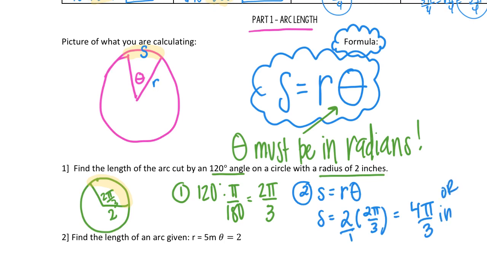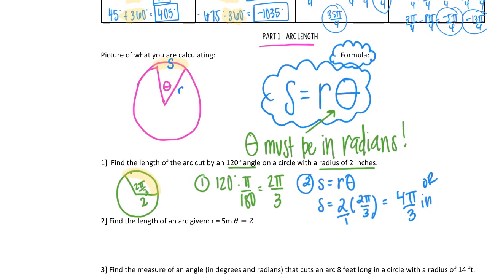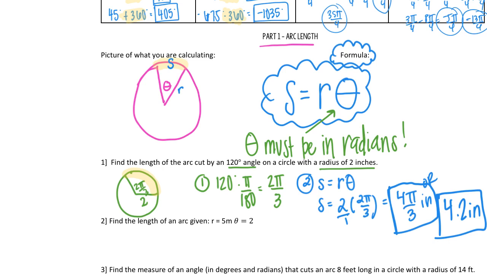Or you can write it as a decimal by putting 4 pi divided by 3 in your calculator, and you get 4.2 inches. So this is correct, and this is correct. So key thing, you're just multiplying the radius with the angle as long as the angle is in radians.